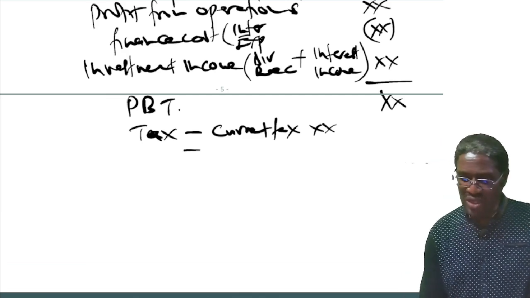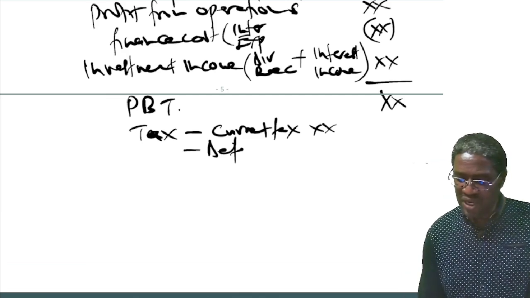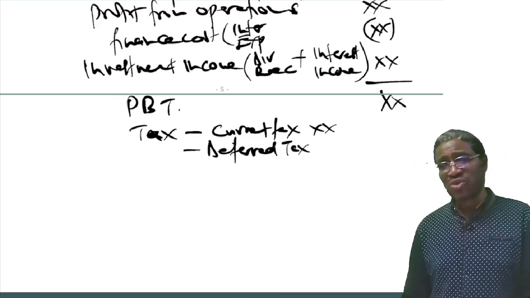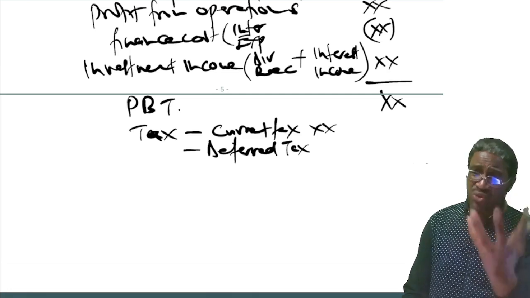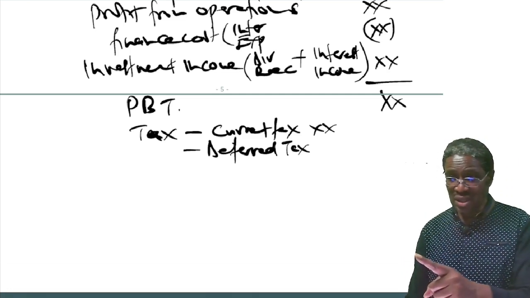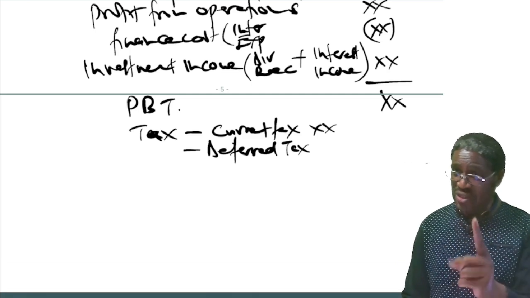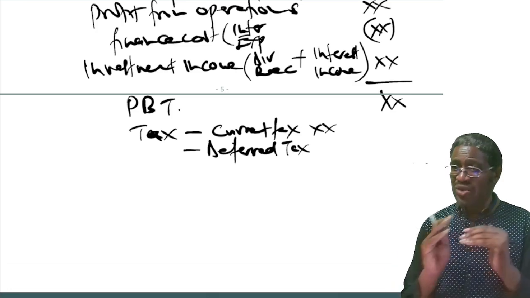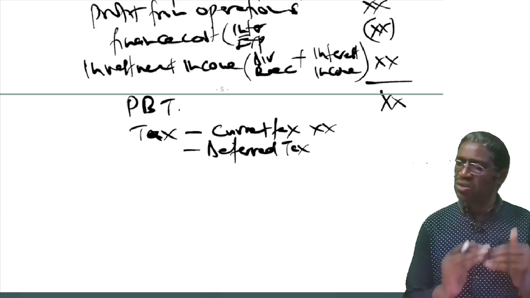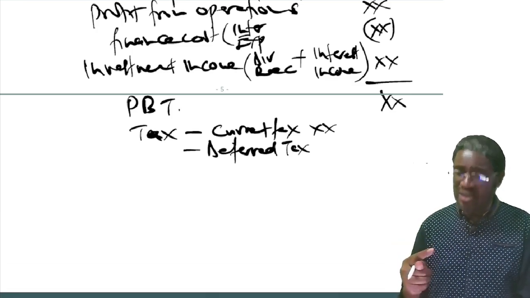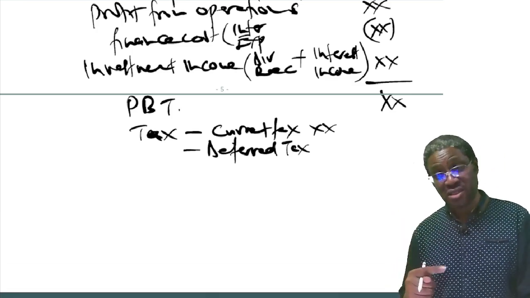The other form of tax is what we call deferred tax. Now, when it comes to deferred tax, sometimes you add, sometimes you deduct. Current tax, it's a deduction. But when it comes to deferred tax, there are times we shall be adding it, there are times we shall be deducting it.